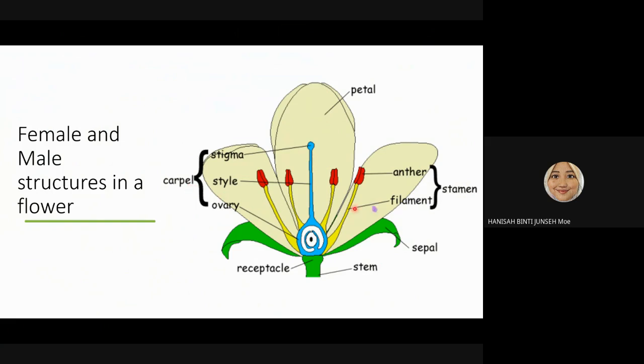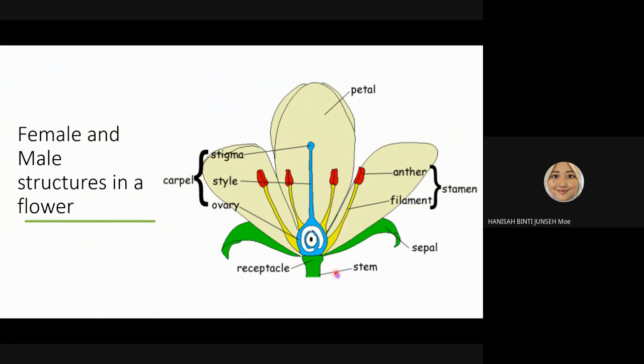How about the male? The male structure in a flower we call a stamen. Stamen has an anther. You can see the red color here, this is the anther. And then the filament. Filament is the structure that holds the anther. And then the rest of it, we have sepal, stem and receptacle.